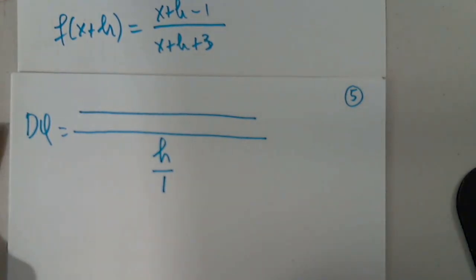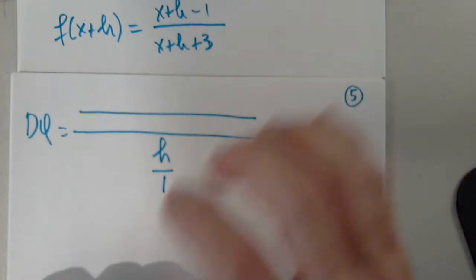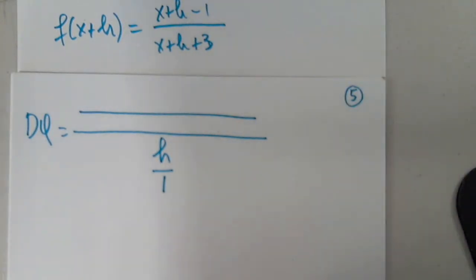What do you think? Negative 1 over 3. The least common denominator. We have to find the least common denominator.